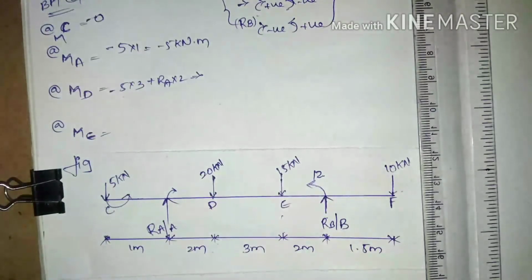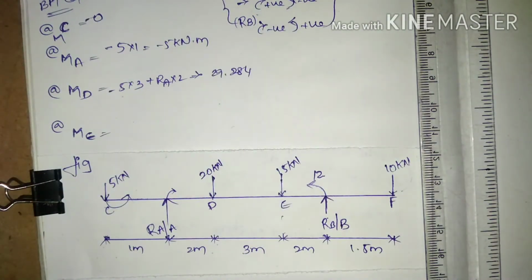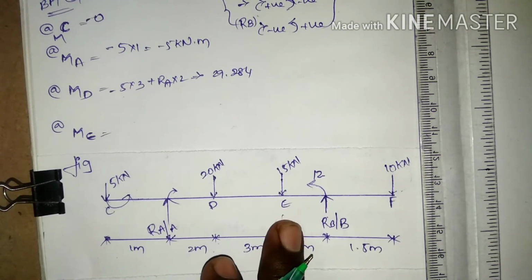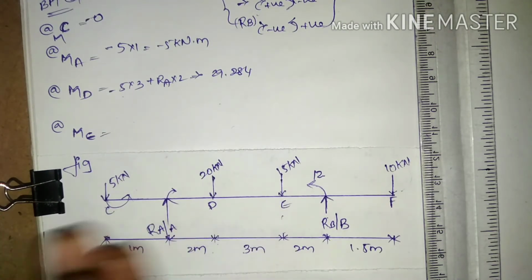The value will be, after the D we are having E, moment about E, either you can take from the LHS side or RHS side.